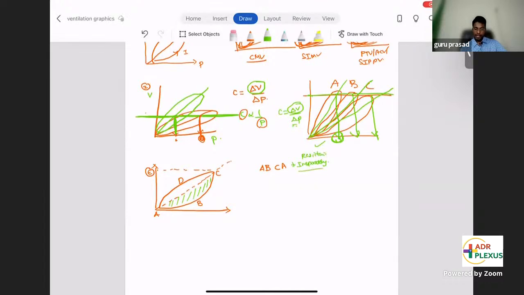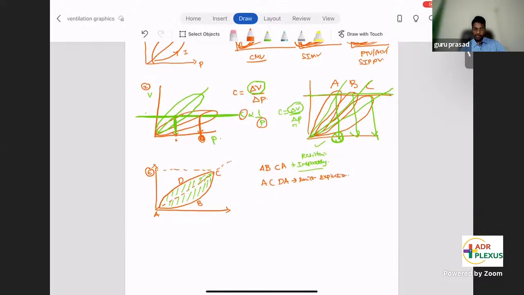The other one, ACDA, will tell you the resistive work that is done during expiration.